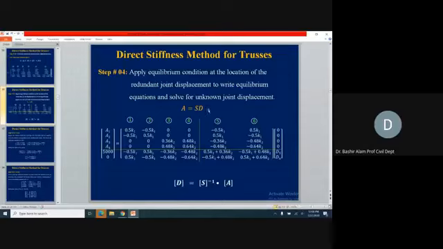A is equal to S D. This is the action vector we generated: A1, A2, A3, A4 were the unknowns where we put the question marks. 500 was the horizontal force at joint 3, and 0, as we did not have any vertical force.